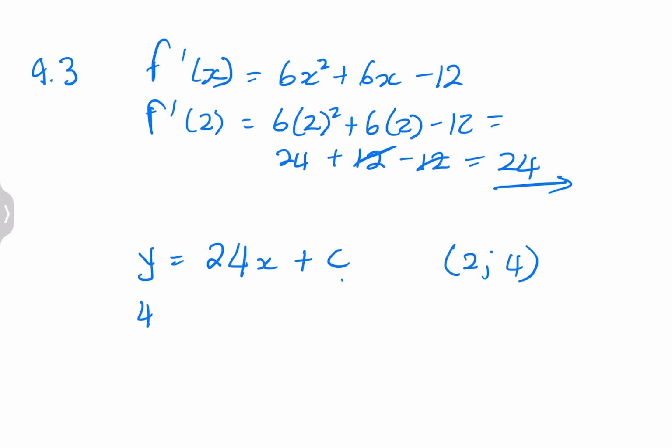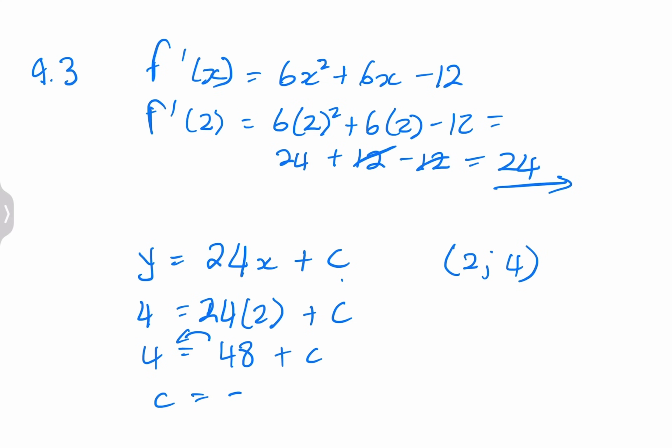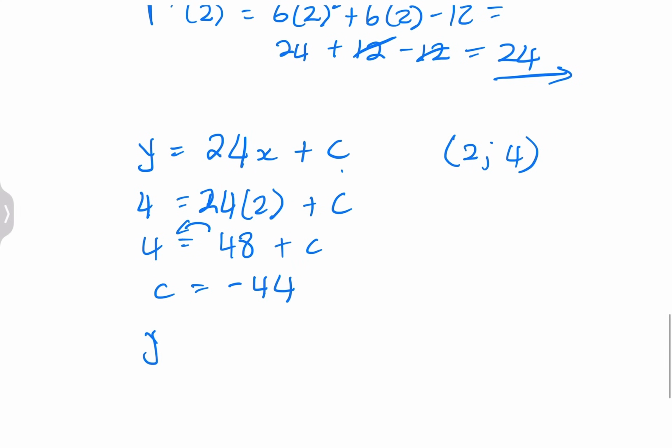So when y is 4, my x is 2. I'll get 48 plus c, which is 4. If I take that to the other side, it becomes negative, so c would be equal to minus 44. So what's my final answer? The equation of the tangent would be y is equal to 24x minus 44.